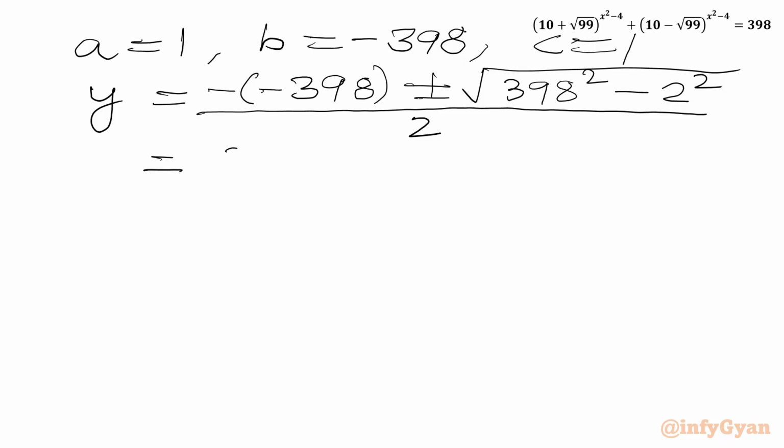This will be equal to 398 plus minus the square root of a square minus b square.